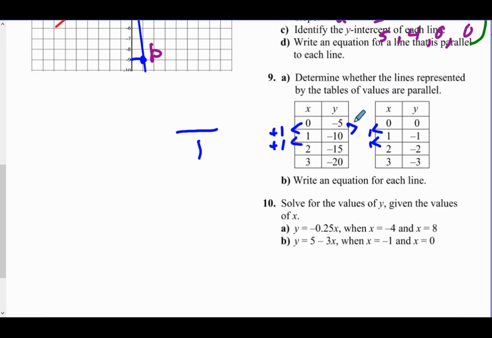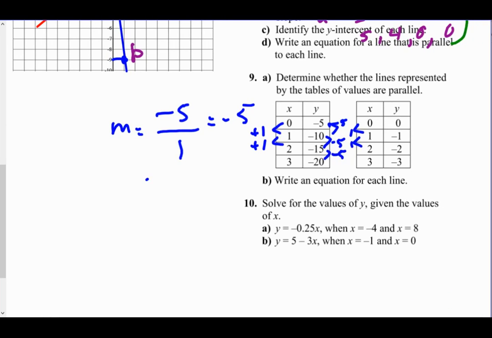You guys can tell that we're losing 5 each time. So we can say that there's a rise of negative 5, and our slope would be negative 5, sorry. Okay, over here, a little more room to play with on this side.